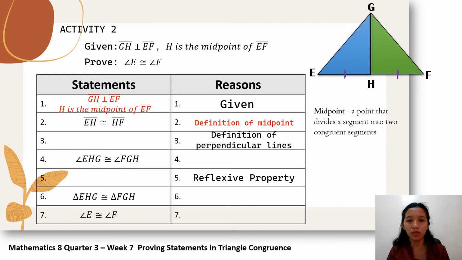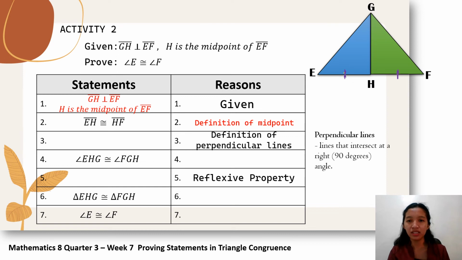So what do we mean by perpendicular lines? When we say perpendicular lines, they are lines that intersect at a right angle or 90 degrees. So you must find the two congruent parts based from the figure.